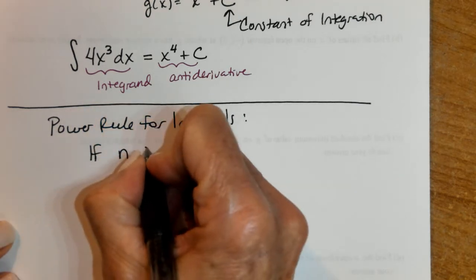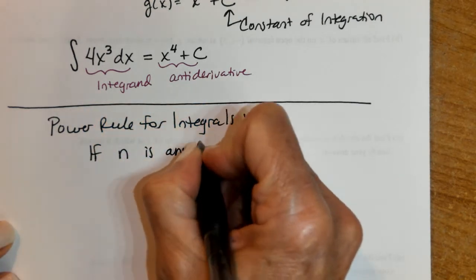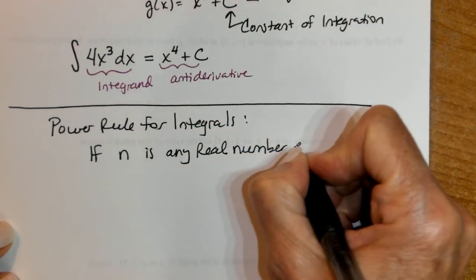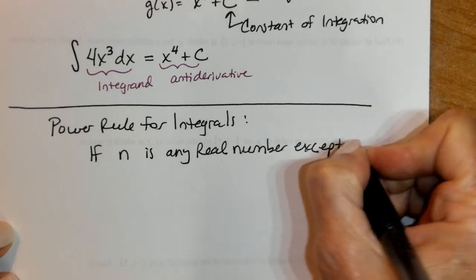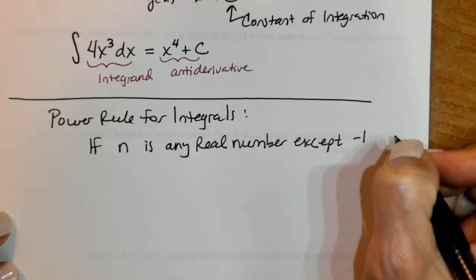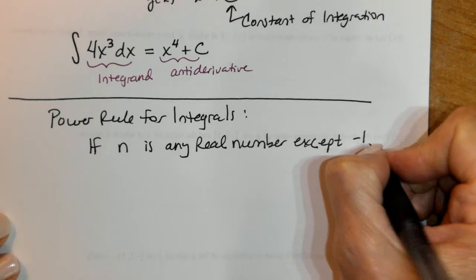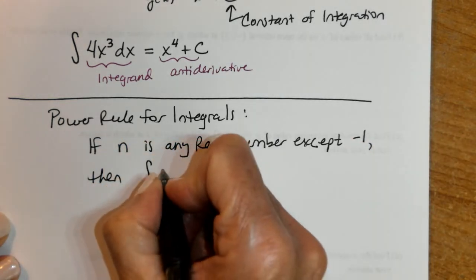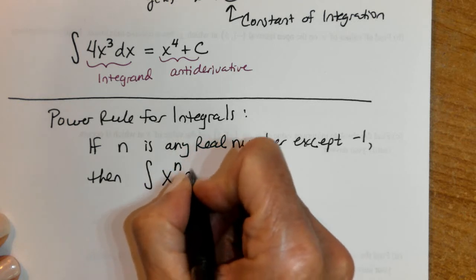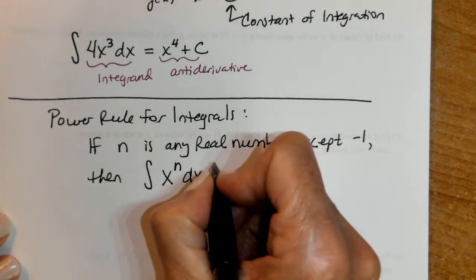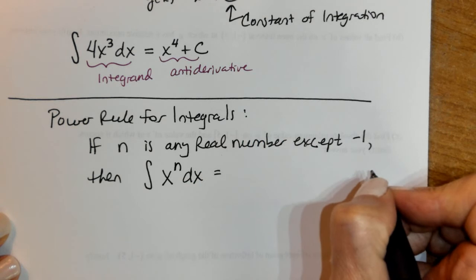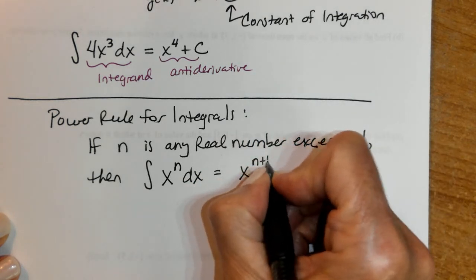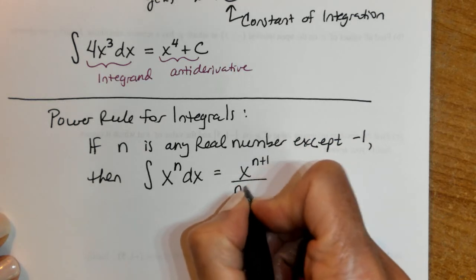If n is any real number except -1, we'll talk about that, except for -1, then the integral of x to the n with respect to x is equal to, okay, we add 1 to the power and we divide by the new power.